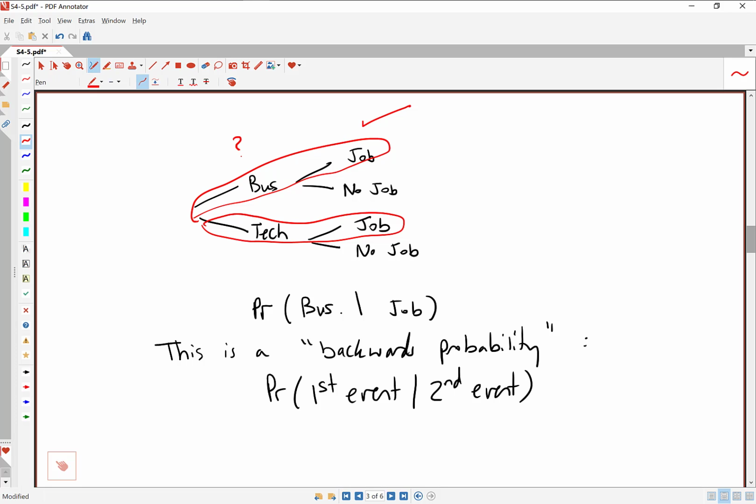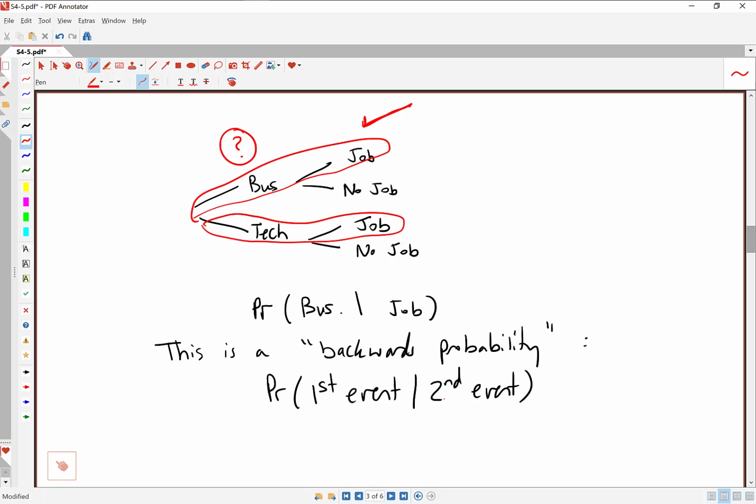We're asking, now, how likely is it that they are actually on the top path and they are in business? So that's a backwards probability. We're saying we know the second thing is true, but how likely is it that the first thing happened? And tree diagrams are especially useful for helping us calculate these types of backwards probabilities.